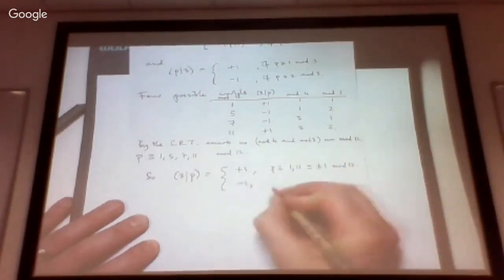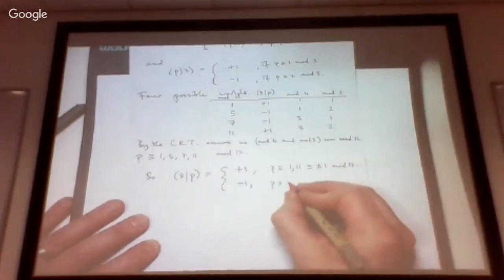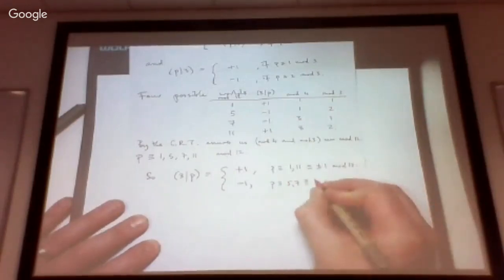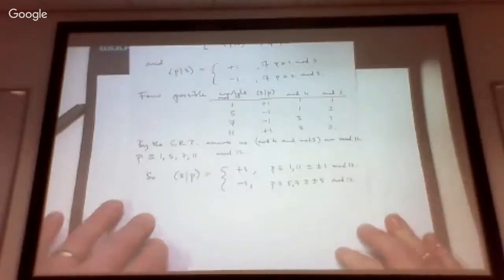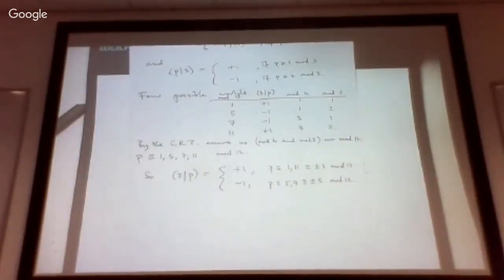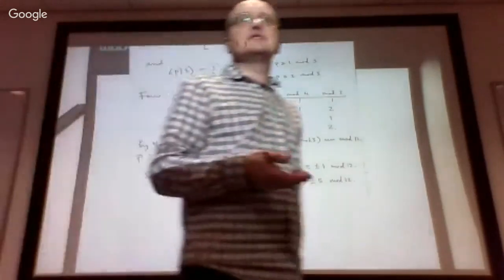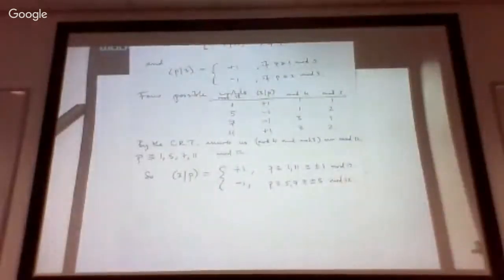And it's -1 when P is congruent to 5 or 7, or a convenient way to say that is plus or minus 5 modulo 12. So the status of 3 comes down to the status of P modulo 12.